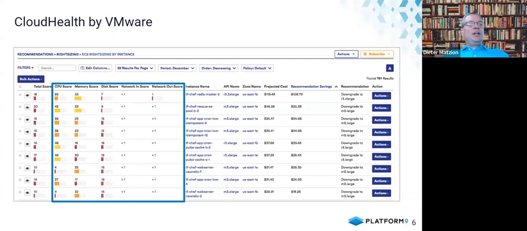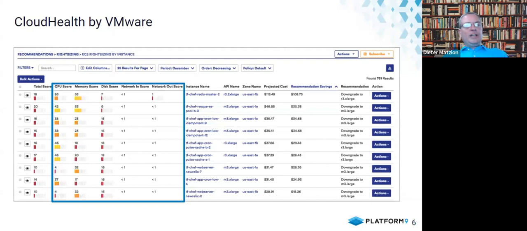It shows the CPU score. So what is the average CPU utilization? The memory score, what is the maximum memory utilization? Disk, network in and network out score. So this is your EC2 virtual machine utilization.